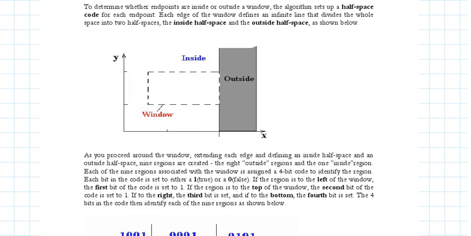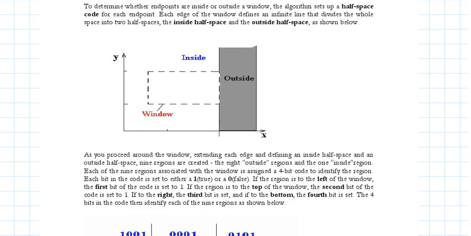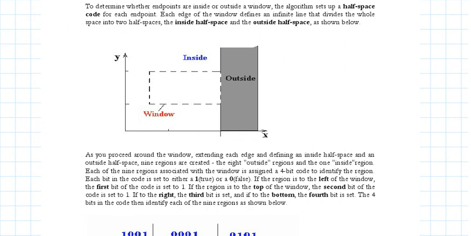Let's look into this diagram. If you look at the dotted clipping window and extend this line up to infinite, then you can see that the right side of that infinite line, which is shaded in gray in this example, will be the outside portion to the clipping window, and the left side, this side, is going to be your inside portion with respect to this edge of the clipping window, and this is termed as half space.